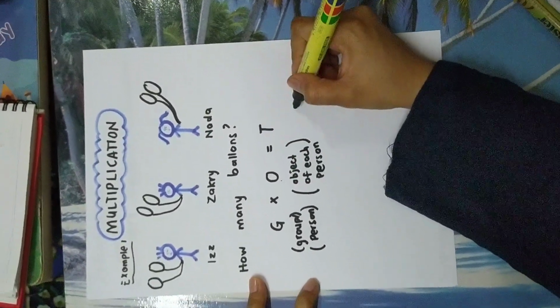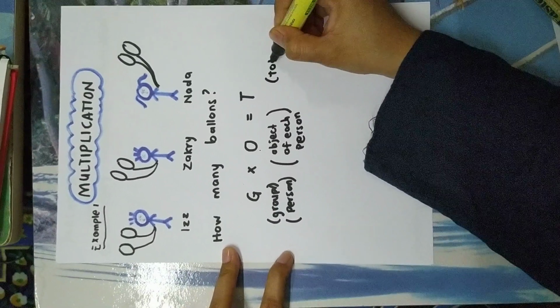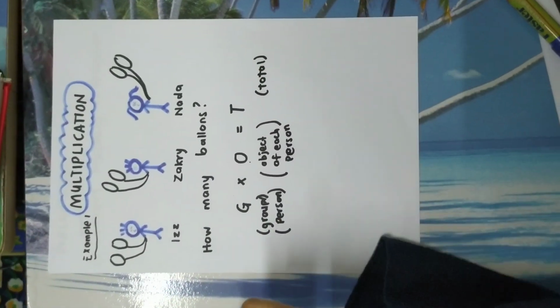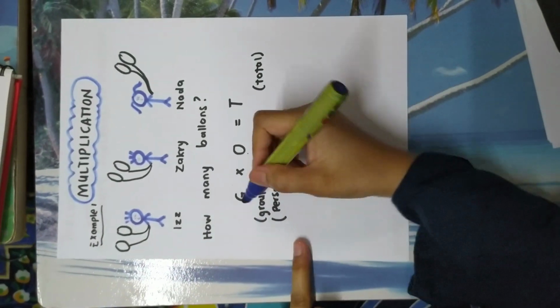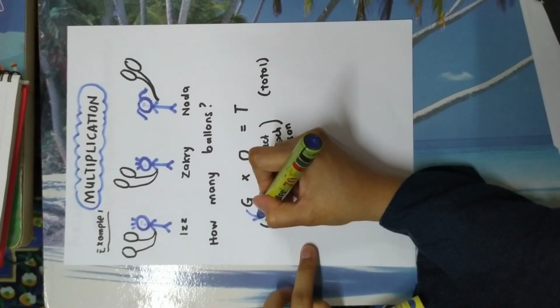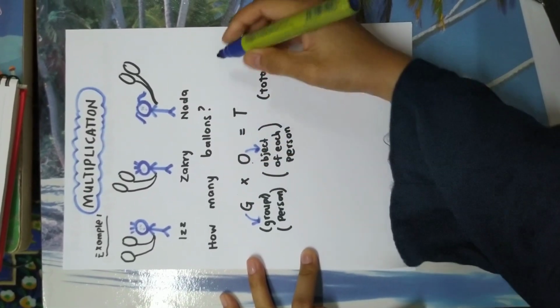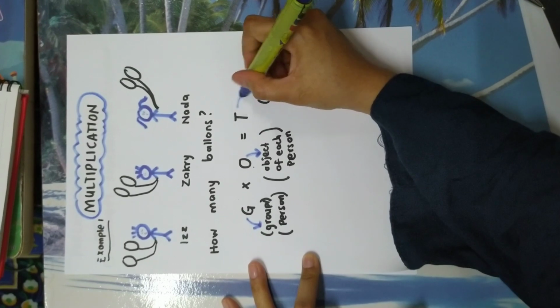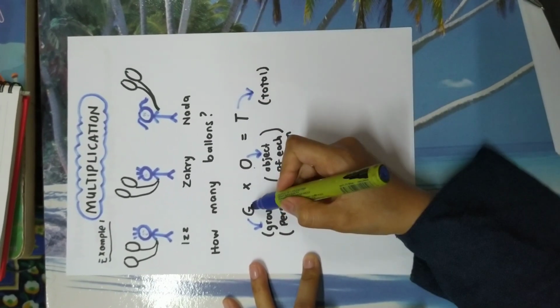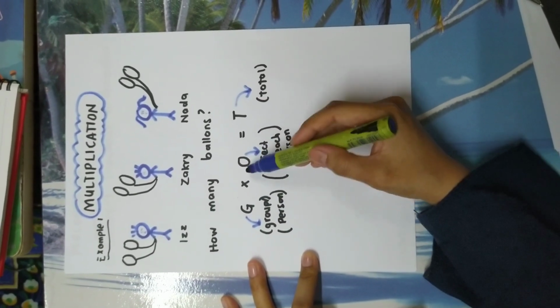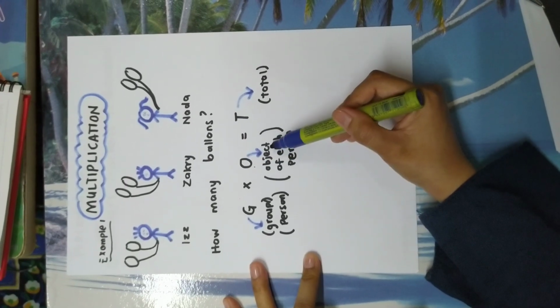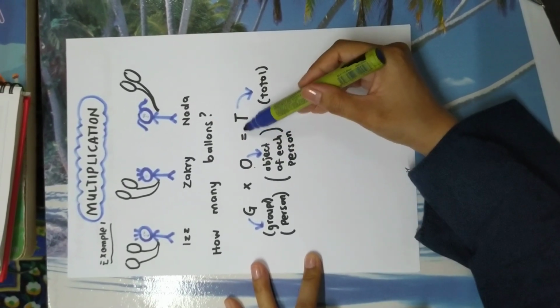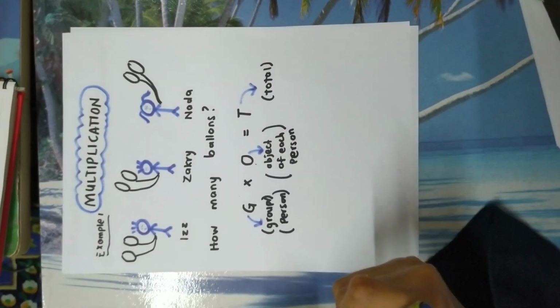T means total. G for group or person, times O for object of each person, and then equal to T. T is total.